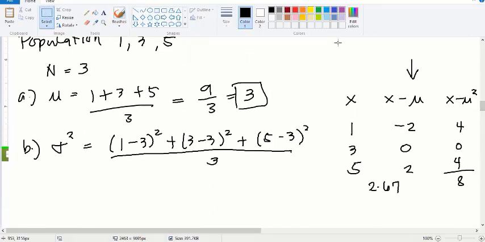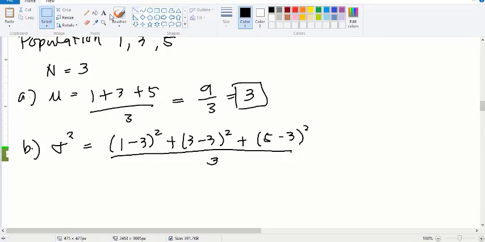Okay, let me just delete this one. So, kahit gamitan nyo 'to ng calcu, guys, pareho ang makukuha ninyong sagot. So, gamitan natin ng calcu. Okay. So, 1 minus 3 square plus 3 minus 3 square plus 5 minus 3 square. Okay. 8 divided by 3. Okay, there you go.